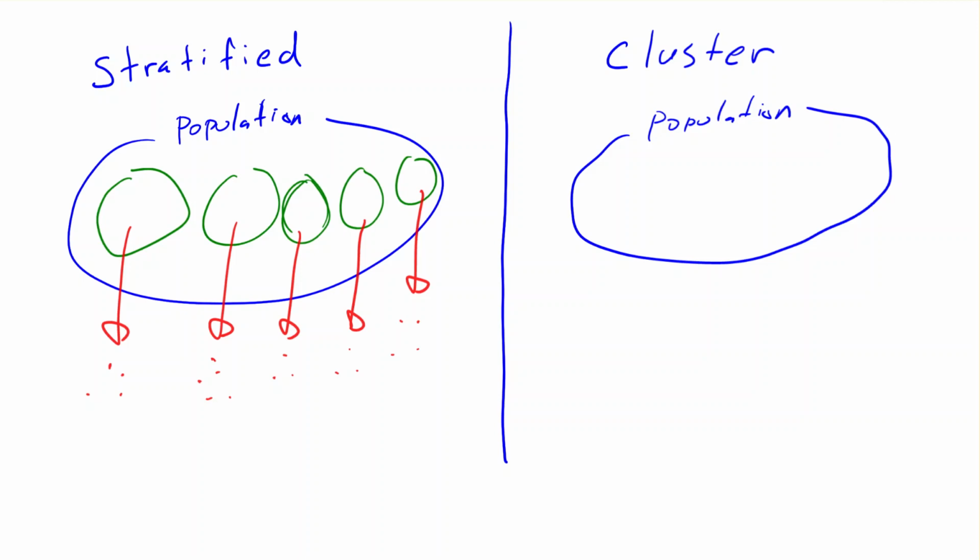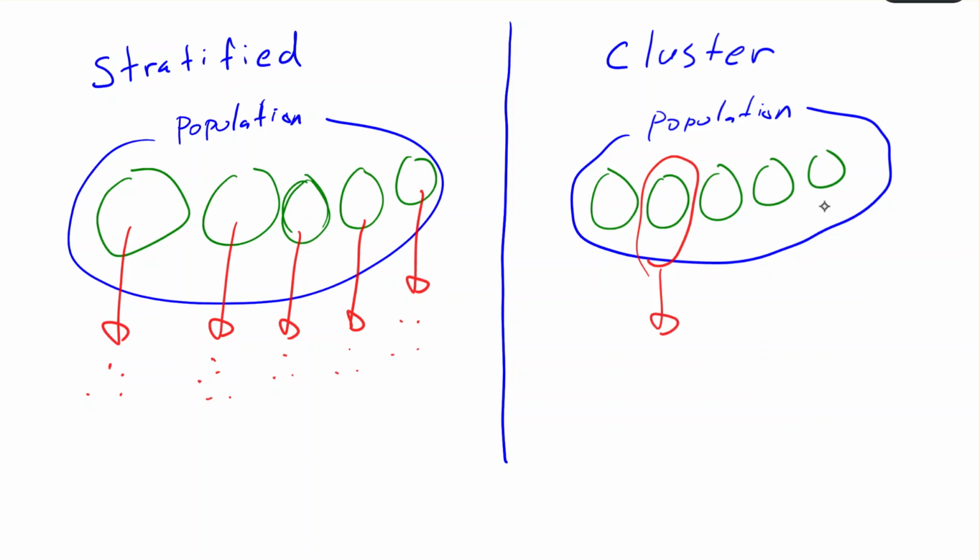In cluster sampling, we also divide into groups, but we randomly select a certain number of groups. Let's say we only select 2 groups. So we randomly select this one and maybe this one. And all the individuals from these 2 groups are selected.